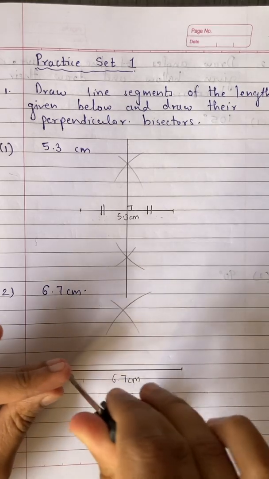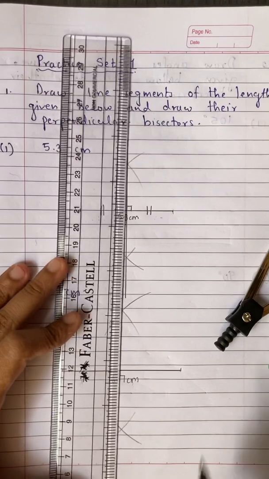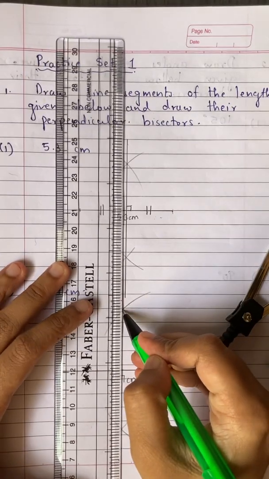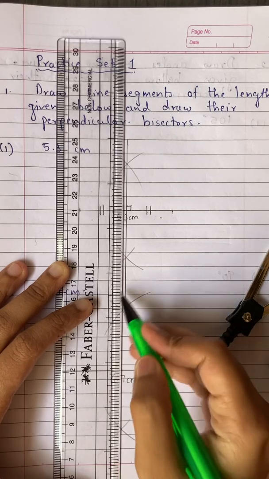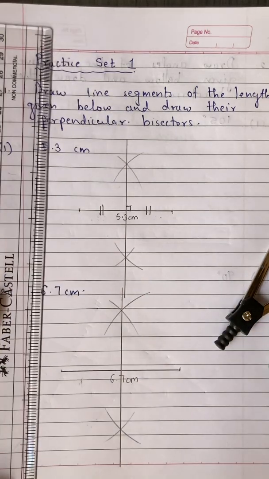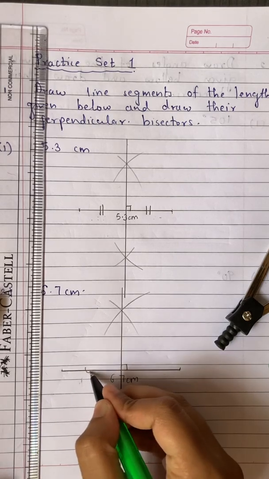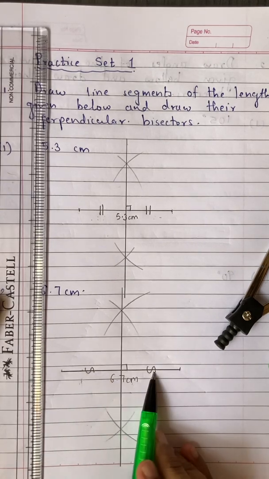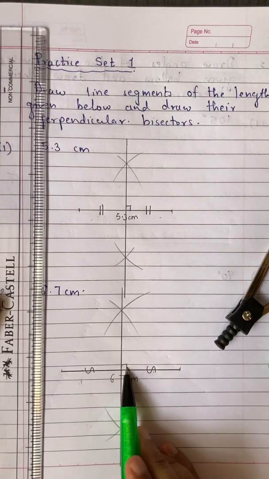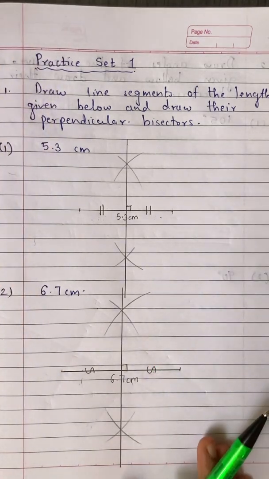Intersect the arc at two different points and then draw the line and join the two intersection points. Okay, so now this is again perpendicular bisector, right? So both segments are equal in length and this is 90 degree, that is perpendicular. This was first question. Let us solve second question.